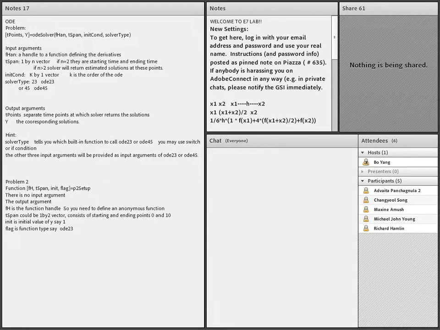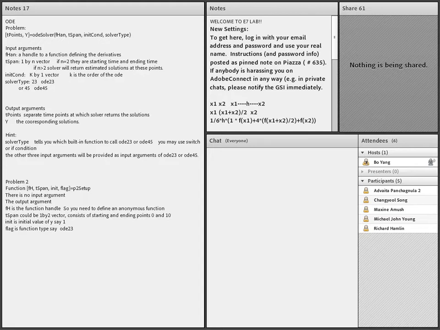Be careful, there is no input argument, and of the output arguments, fh is a function handle. So in this function, you probably need to define an anonymous function. Time span is the starting and ending points.